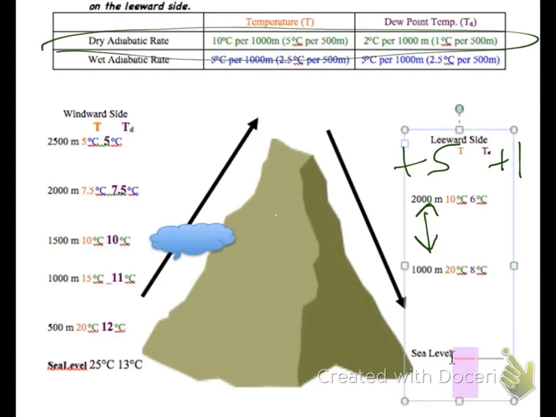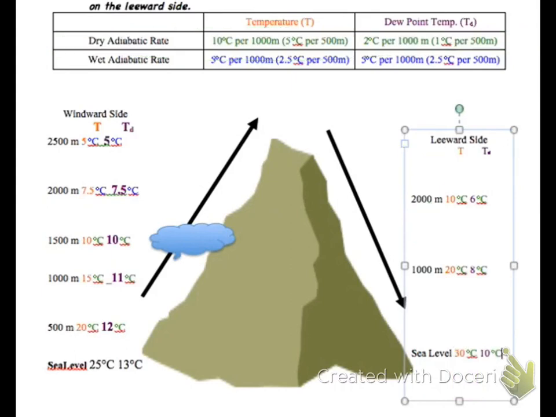So instead of using my 500 meters for 5 degrees, I'm going to use my 10 degrees for my 1,000 meters. And so I'm going to increase by +10 on here and +2 on that side. And last but not least, I'm going to increase by +10 and +2 on this side.